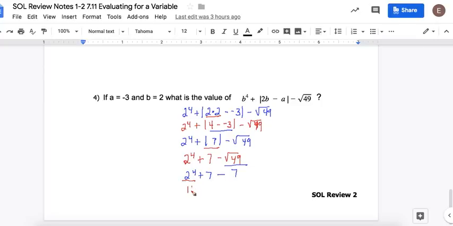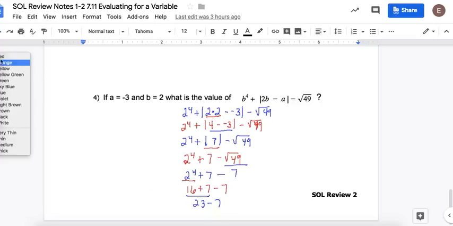So it is, in fact, 16 plus 7 minus 7. And now I don't see any multiplication or division from left to right, so now I'm going to add or subtract from left to right. 16 plus 7 is 23. Bring down the minus 7. And finally, 23 minus 7 is 16.